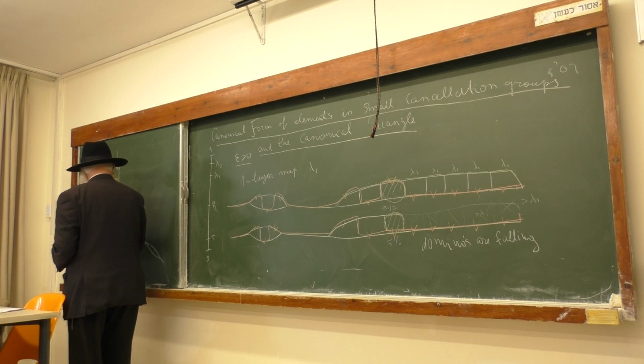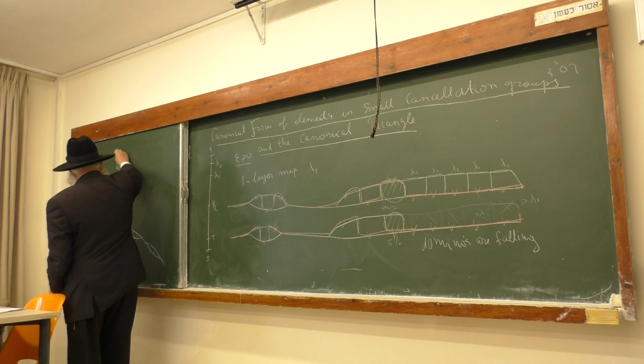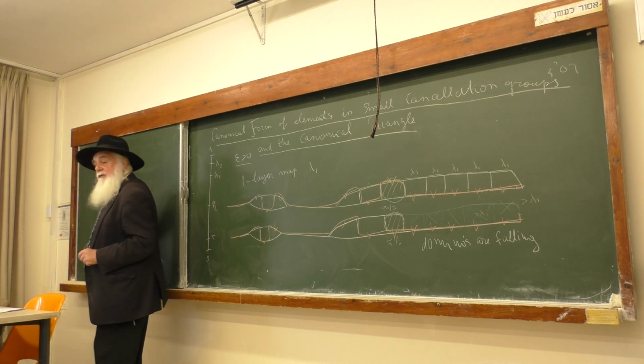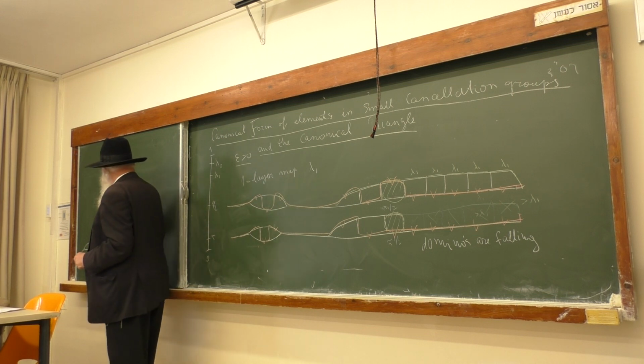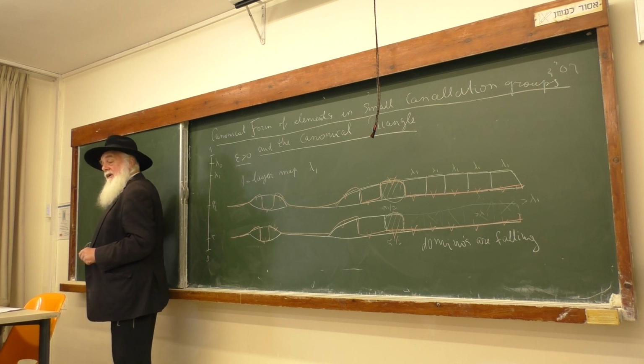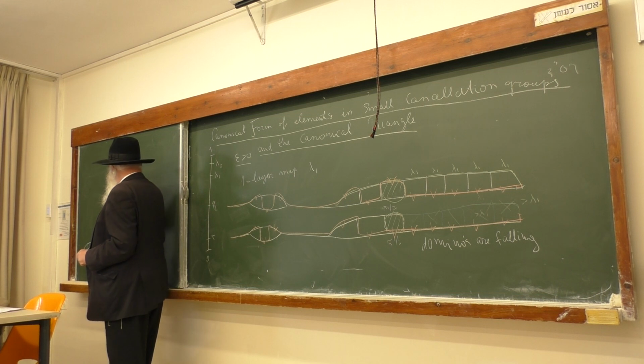Here will also be the same situation. This is lambda 1, lambda 1, 1/2, 1/2. What happens when we take the one layer map between two of these? This one will not be included because it is too long. It happens to be too long because it was lambda 1, but adding something, it exceeds the limit, so the second falls until we have the situation.